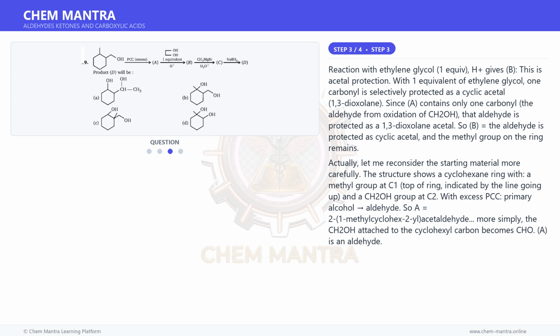Actually, let me reconsider the starting material more carefully. The structure shows a cyclohexane ring with a methyl group at C1, top of the ring, indicated by the line going up, and a CH2OH group at C2. With excess PCC, primary alcohol to aldehyde.